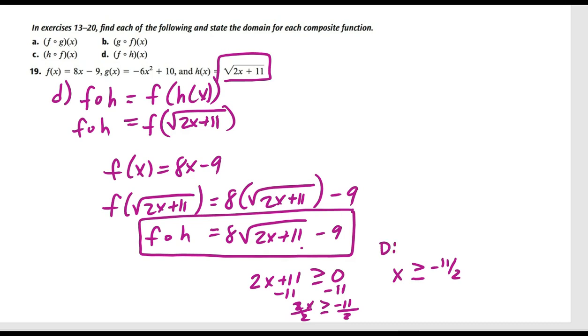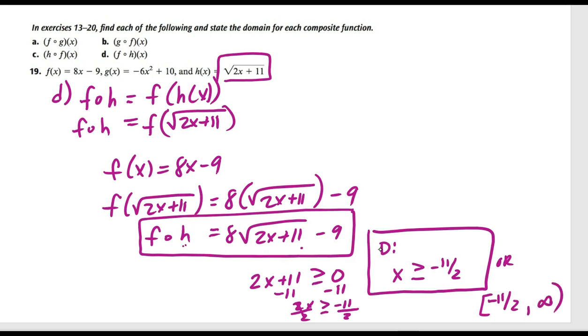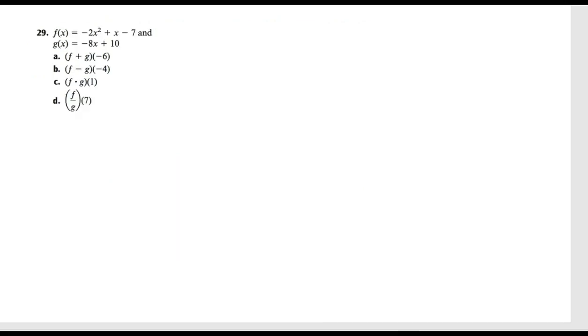Now we're going to also be respectful of our input, which in this case was h. Okay? So our input function also has a domain restriction of it has to be greater than or equal to negative 11 halves. So our domain of our composite function will be x is greater than or equal to negative 11 halves, or if you wanted to, you could write it as negative 11 halves to infinity, using interval notation.